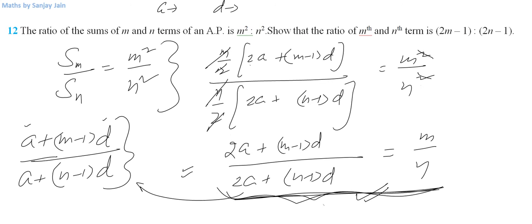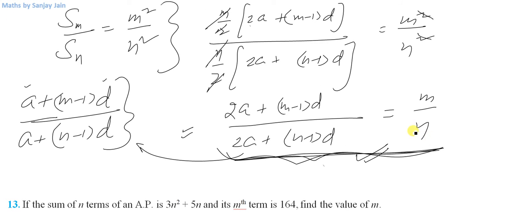How can I find a relation between a and d? I will cross multiply these and see. So I'll have 2a into n plus n into m minus 1 into d equals 2a into m plus m into n minus 1 into d.